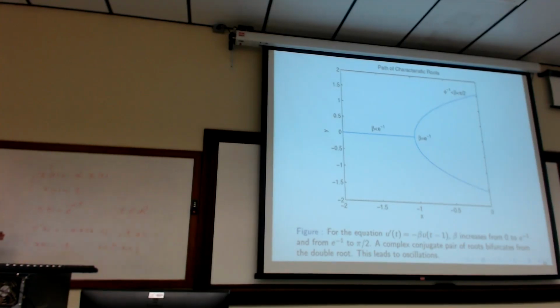The question: can we solve, because I already solved this equation by steps, but I solved it only starting from 0, between 0, 1, and 1, 2. Can we do the same to go back in the negative part for delay differential equations?